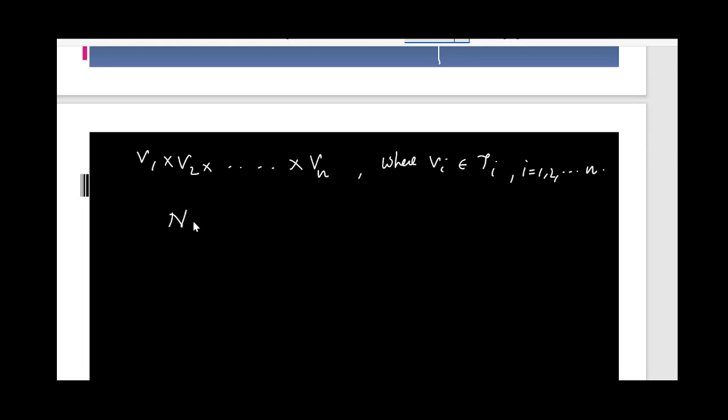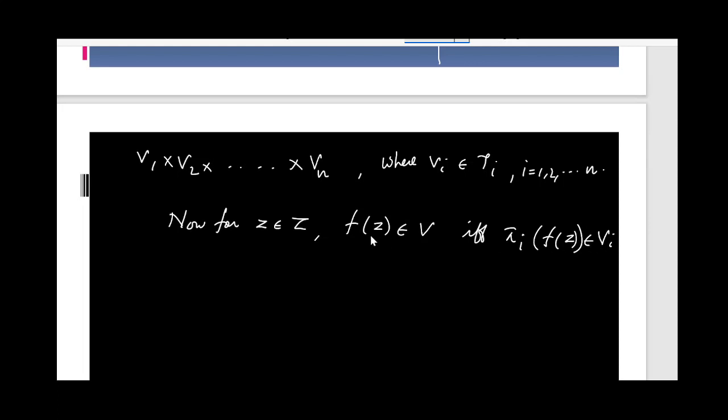Now, for z belongs to Z, f of z belongs to V if and only if pi i of f of z belongs to Vi. Am I true? If f of z belongs to V, then the projection of f of z should belong to Vi, right?